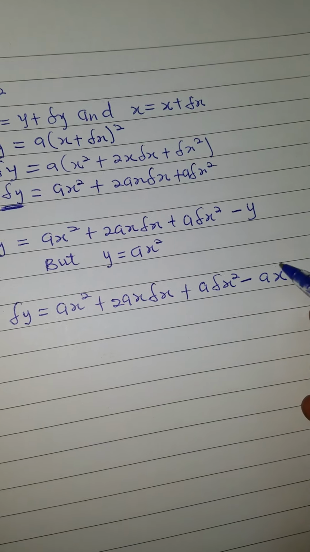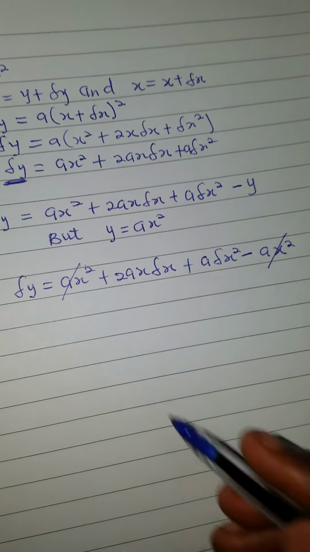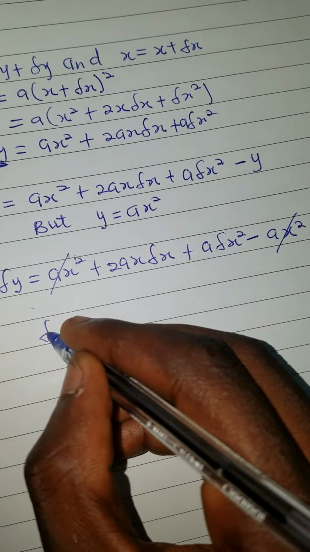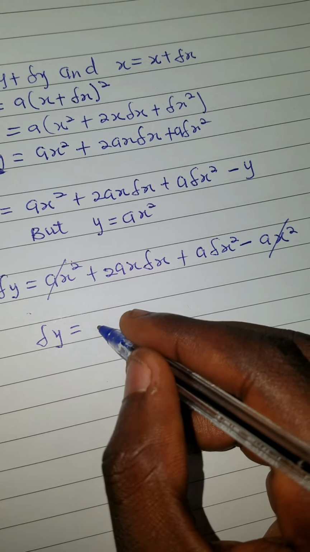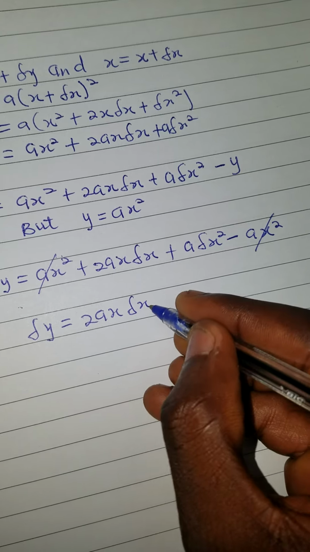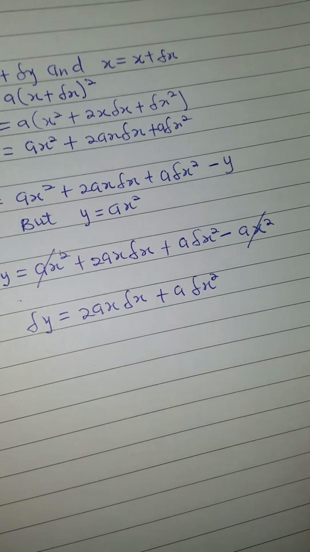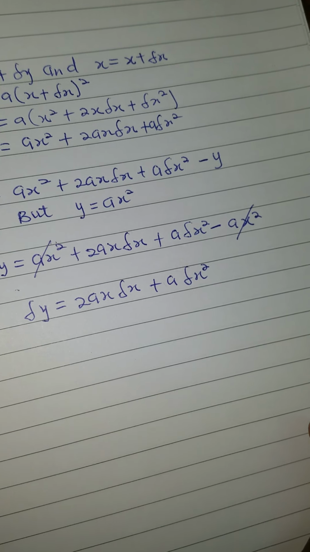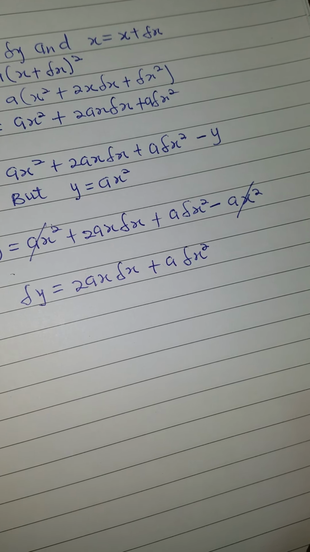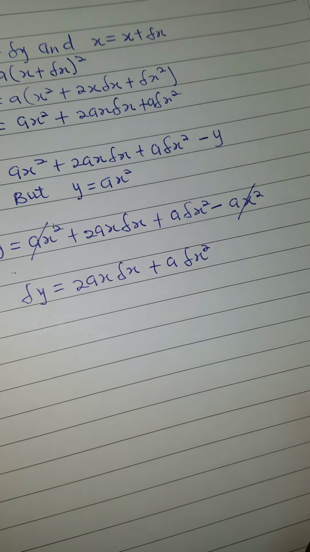We can all see that this can take away this, and then our change of y will now be equal to 2ax change of x plus a change of x squared.